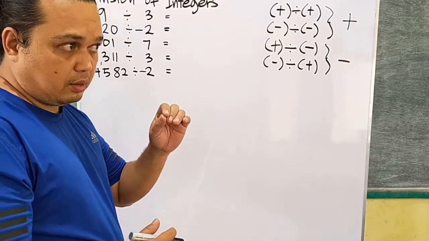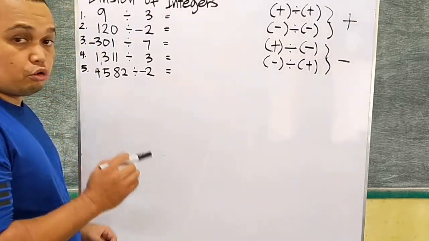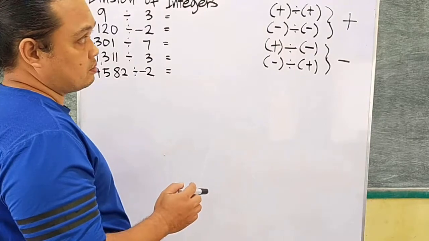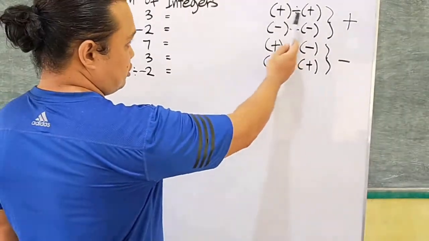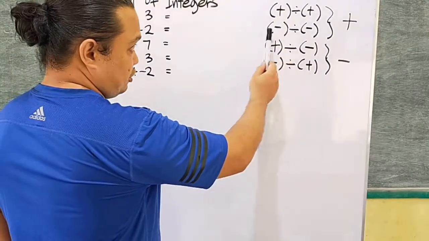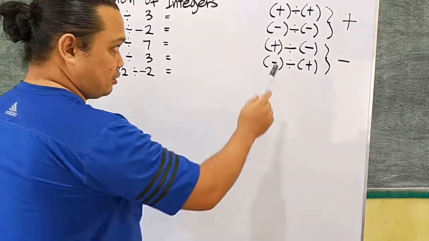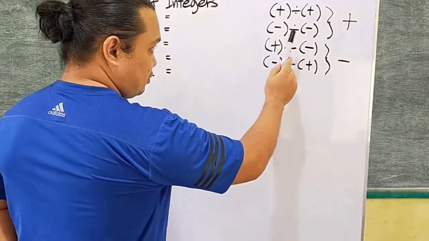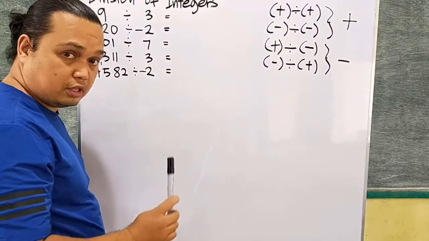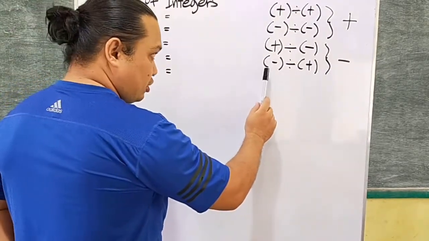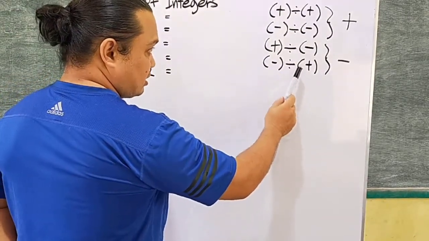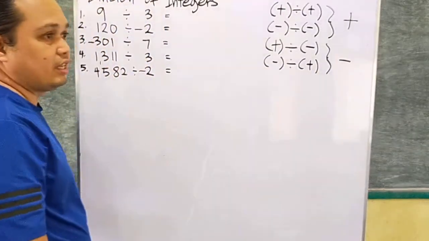The rule is: the quotient of two positive integers or two negative integers is a positive integer. The quotient of a positive integer and a negative integer, or the quotient of a negative integer and a positive integer, is a negative integer.